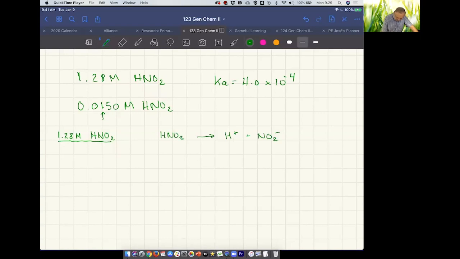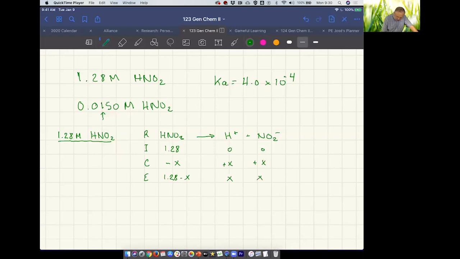Okay, so this is the reaction. The initial is going to be 1.28 molar, and these are always molarity, so I'm not going to put the units here either. So 0 and 0. The change is going to be minus x, plus x, plus x. And at equilibrium, I have 1.28 minus x, x, and x.